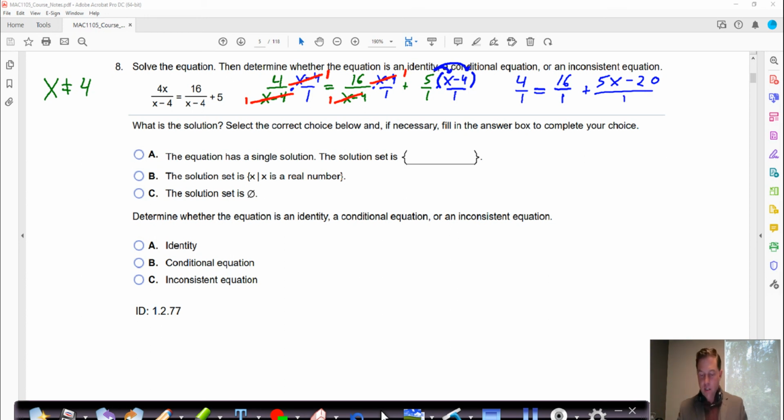Okay, now again, like I said, if the bottoms all match, you can just drop them all, so you can cancel all these 1s, and it just becomes 4 equals 16, so the fraction aspect is gone, plus 5x minus 20. Ooh, boy, I left an x off here, so this 4 should have an x on it.